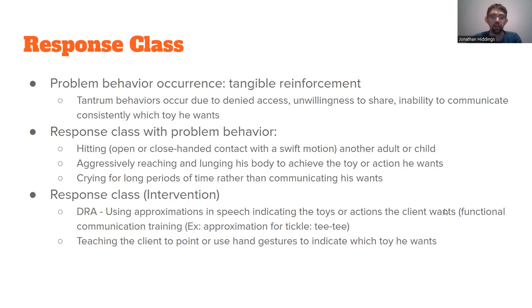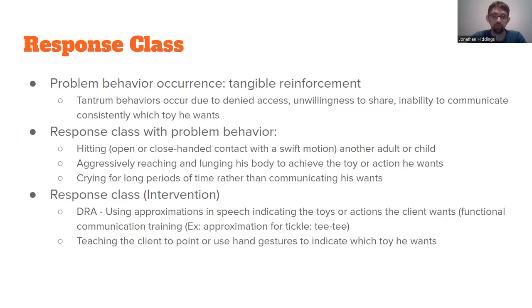So the response class for this case, we're going to discuss how the problem behavior occurrence specifically happens. The recognition of the function is for tangible reinforcement. Tangible behaviors occur due to denied access or unwillingness to share and the inability to communicate consistently which toys or tangibles or items the client is looking for.